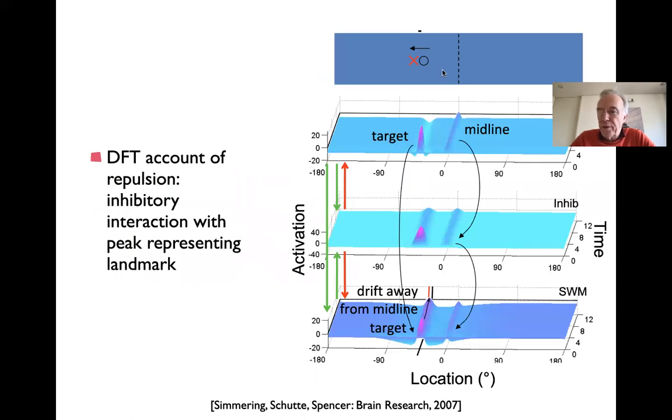So here's an account for that. The midline is here represented explicitly by a peak in the field. And here is a peak induced by the current stimulus. This is a case where we take into account the fact that excitation and inhibition are not in the same field. So this is the inhibitory interneuron population, and this is a working memory.